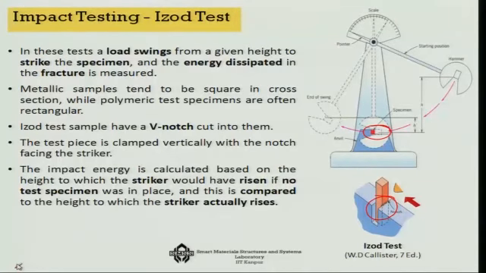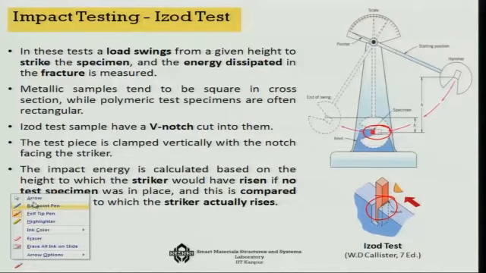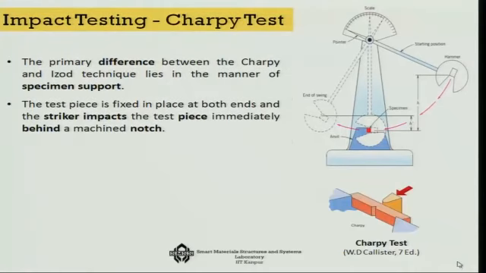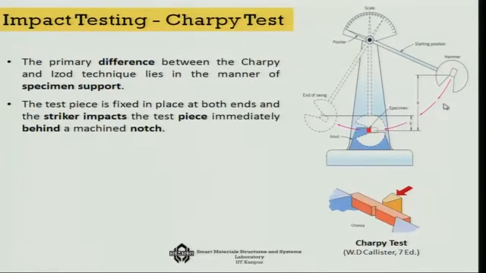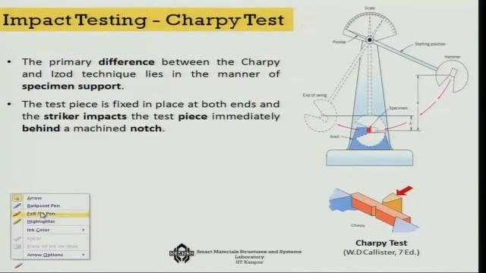Now, similarly, there is another very similar test, which is known as the Charpy test. The difference between the two tests, the Izod test and the Charpy test, is that in the Izod test, if I go to the last case, you have the crack, you make a notch actually, and the notch faces the hammer. So, the hammer faces the notch.